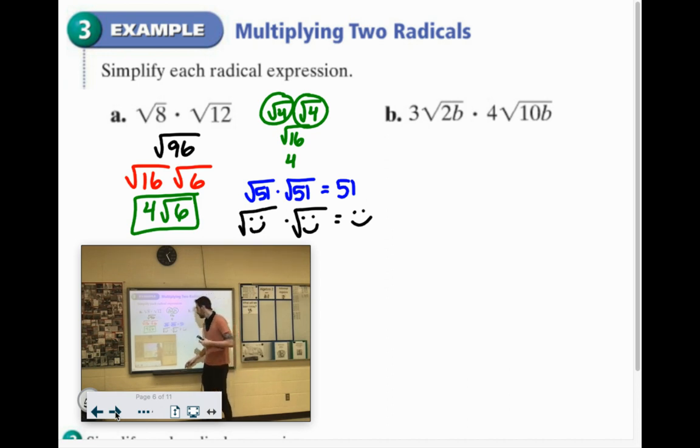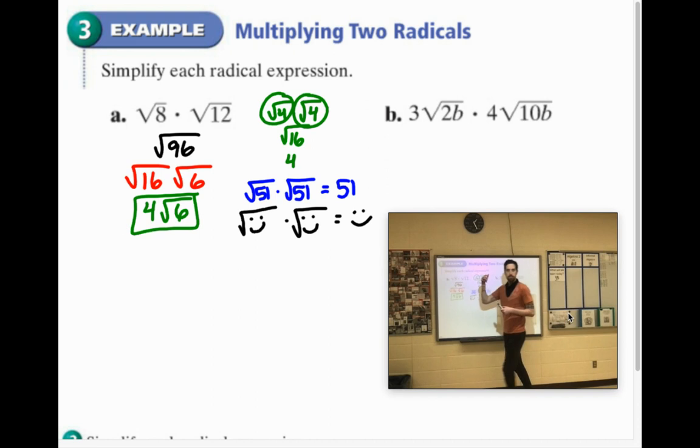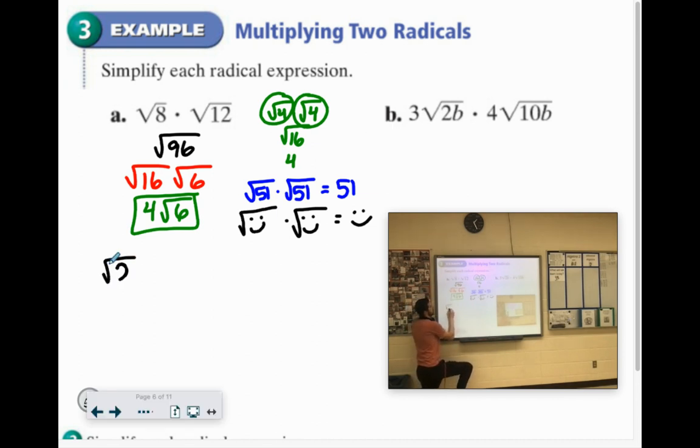The reason I show you that is because on something like A, think of what goes into 8 and 12. I'm so excited I'm throwing markers. So 8 is 2 times 4, and then 12 is 4 times 3.